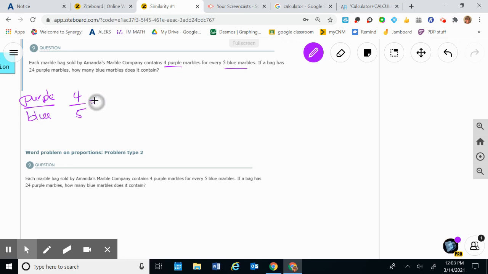If a bag has 24 purple marbles, because purple's on the top, how many blue? There you go. And then you cross multiply. 5 times 24 is 120, I think. Yeah. All right, and then you just keep going. X equals 30.